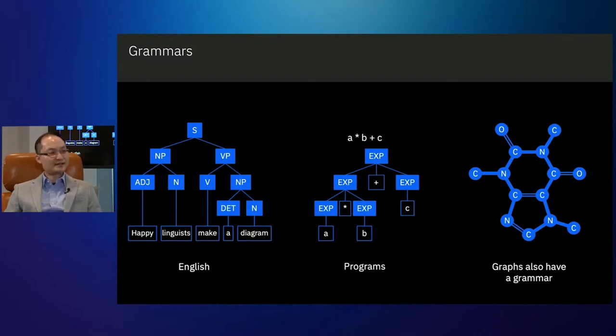So effectively, a grammar is a set of rules that tells us how to compose a complicated object, either a sentence or a computer program. It turns out that graphs, which are actually the things that we use to model molecules, also have grammars. And that is the gist of our work here.